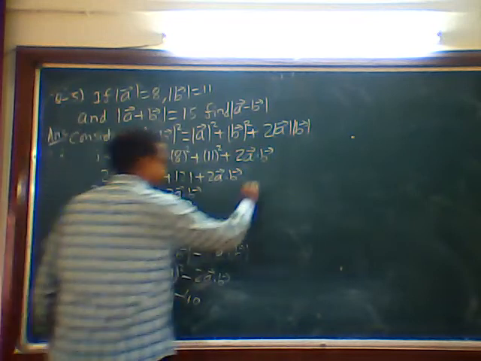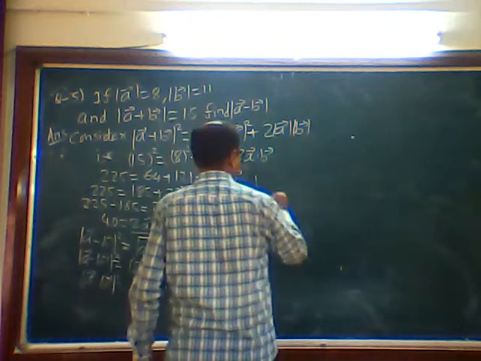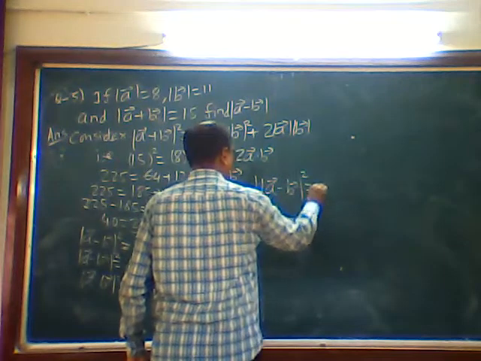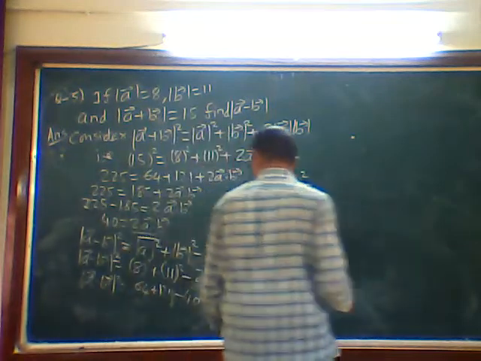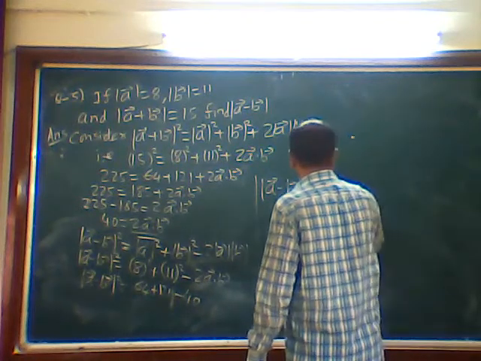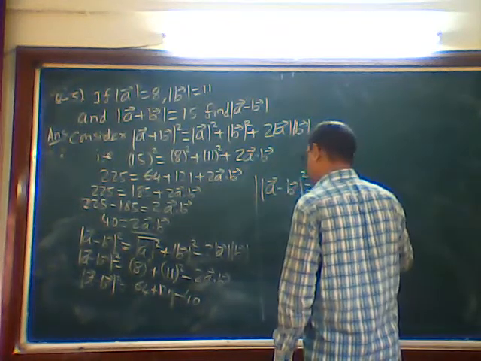So what I'll get? 64 plus 121, 185. 185 minus 40.